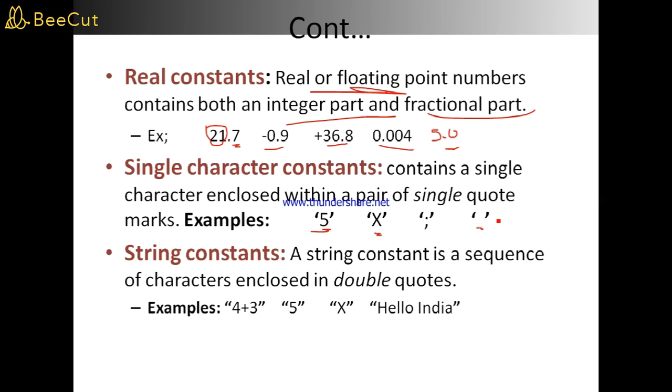The space is also enclosed within single quotes, so it is called a single character constant. And its counterpart is called a string constant. String constants are nothing but a character or a sequence of characters enclosed within double quotes. Here it is a single quote with a single character. Here it is any combination of characters with double quotes. So in hello India, the characters are enclosed within double quotes. It is called a string constant.